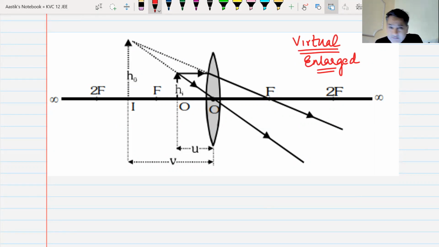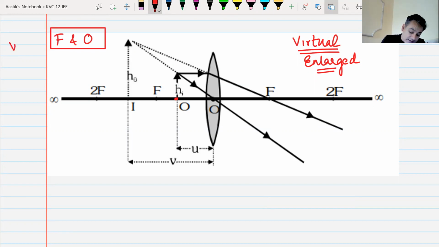So a convex lens can only create a virtual image when the object is placed between F and O. The image would be virtual and enlarged. A convex lens can produce an enlarged virtual image in only one case, when the object is placed between F and the optical center.